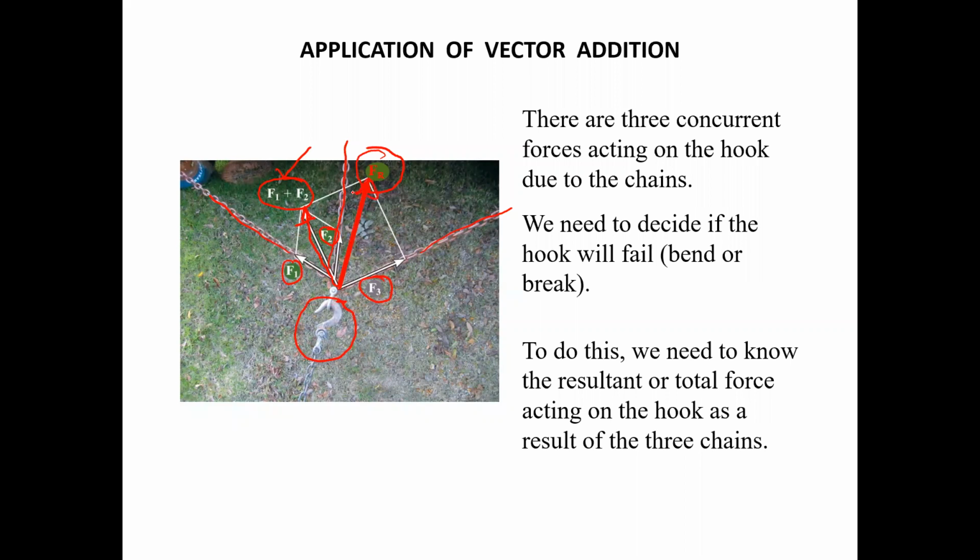So this is the resultant of all the three forces acting on this hook. So we can just do one analysis with FR instead of going for three analyses, first with F1, then with F2, then with F3. Long work, right? Lengthy work. So we don't need to go for that. We just do one analysis and we can make out either the system is safe or not. All right? Okay, so I hope by now we are clear about the purpose of doing all this and why we do all this.